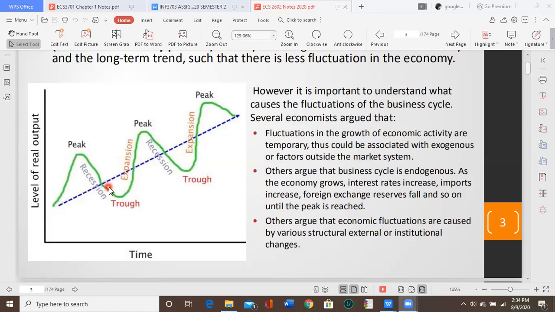On this axis we have real output, and on this axis we have time. So a period before a peak is an expansion, and a period after a peak is a recession. This is what a business cycle looks like.